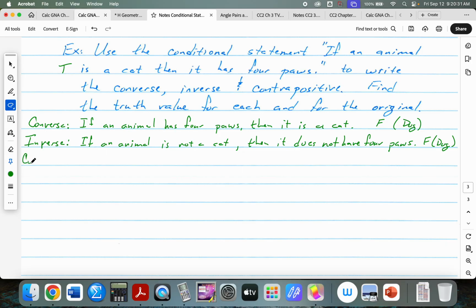And then the contrapositive. We're going to negate both parts and reverse the order.